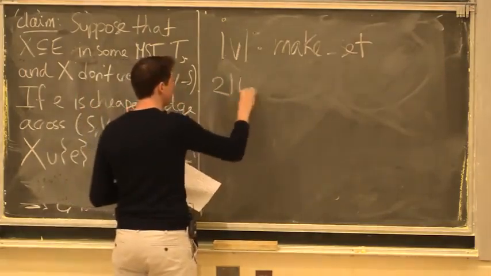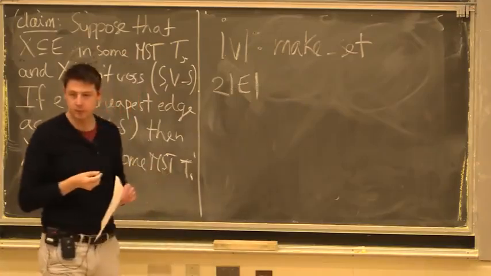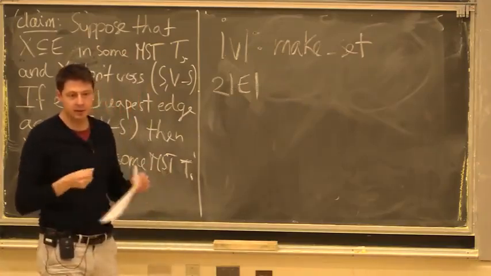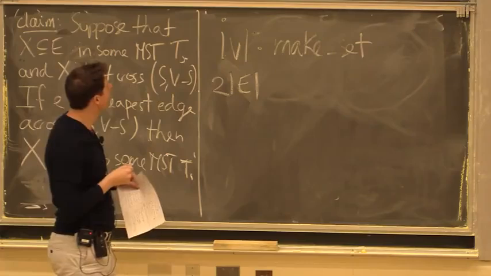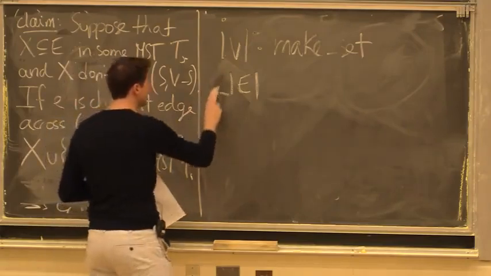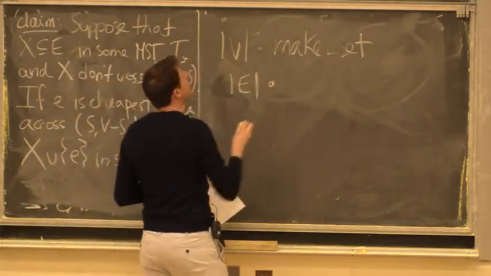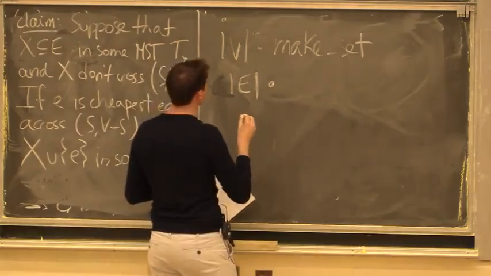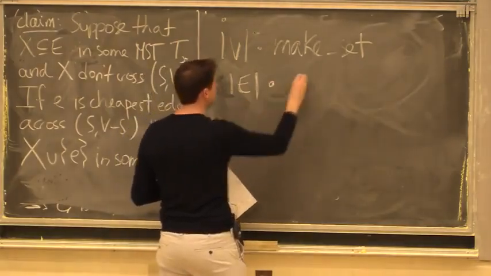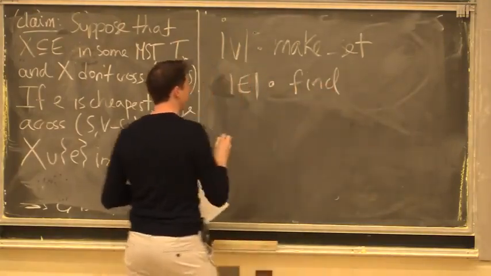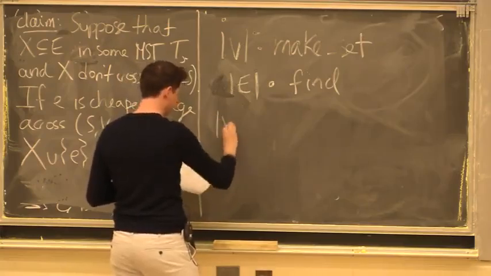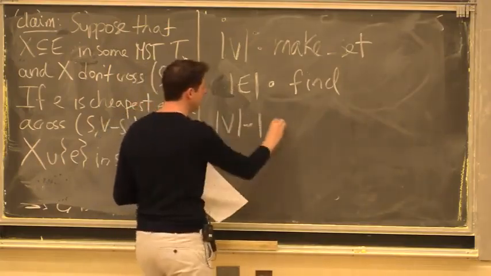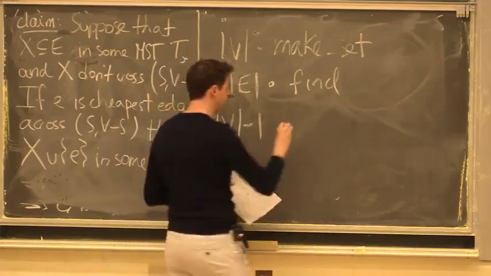Roughly 2E, because we are in the undirected case and we consider both endpoints, not just E. And then how many unions? V minus 1, because we're only going to add V minus 1 edges.